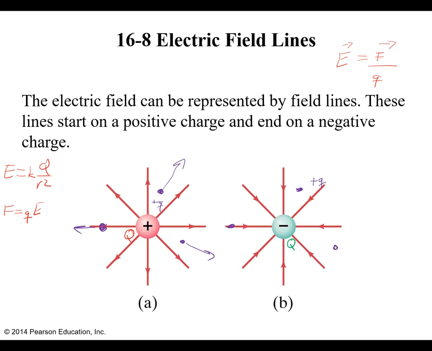Since q is positively charged and capital Q is negatively charged, they're going to be attractive, and thus pulling my test charge inward. No matter where my test charge is, it's going to be pointing inward. And so the electric field lines around a negative charge are always going to be pointing inward.